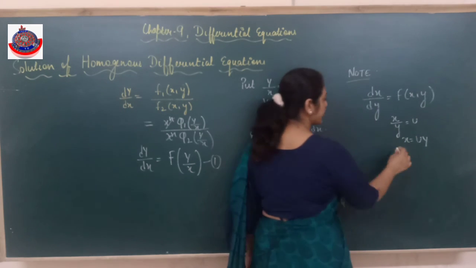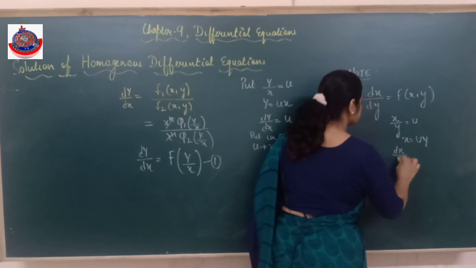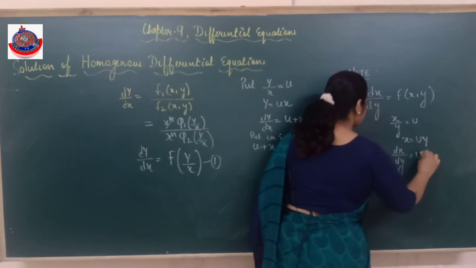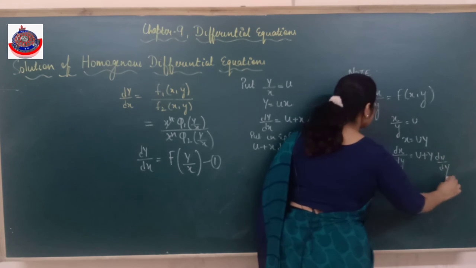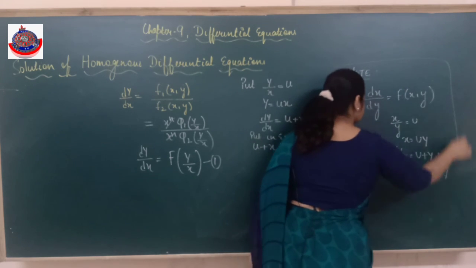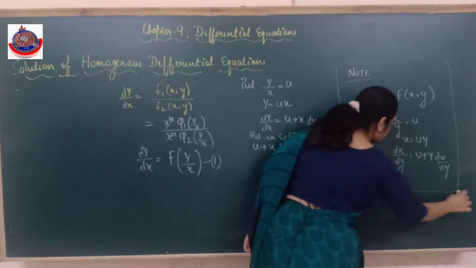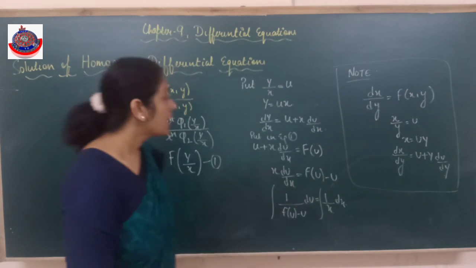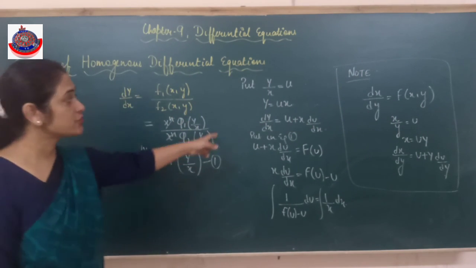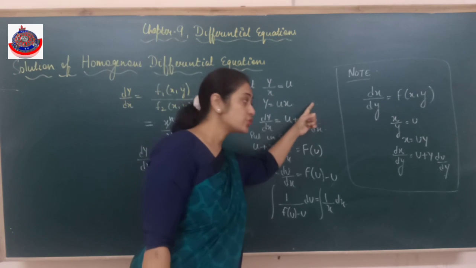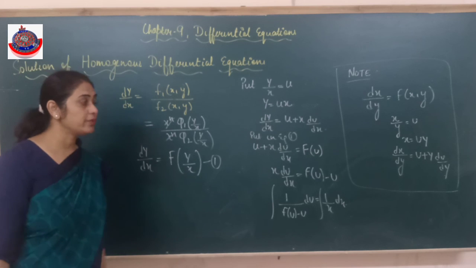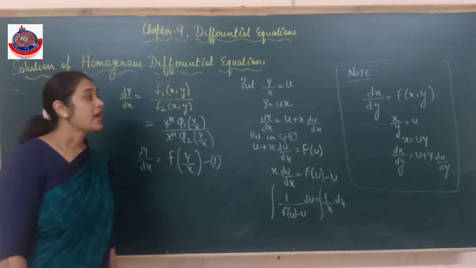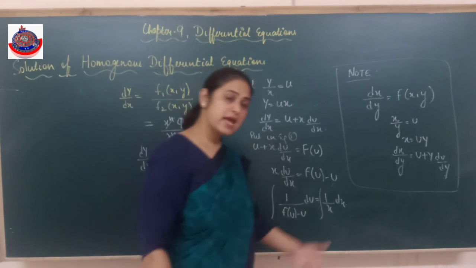I'll differentiate with respect to y. 1 into y as it is, u by du upon dy, and then I will solve the question in the same way. Is it clear? अगर क्वेश्चन में y upon x है तो सब्स्टिट्यूशन होगा y upon x is equals to u. If the question has x upon y terms, then the substitution will be x upon y is equals to u, and we will solve it as it is.